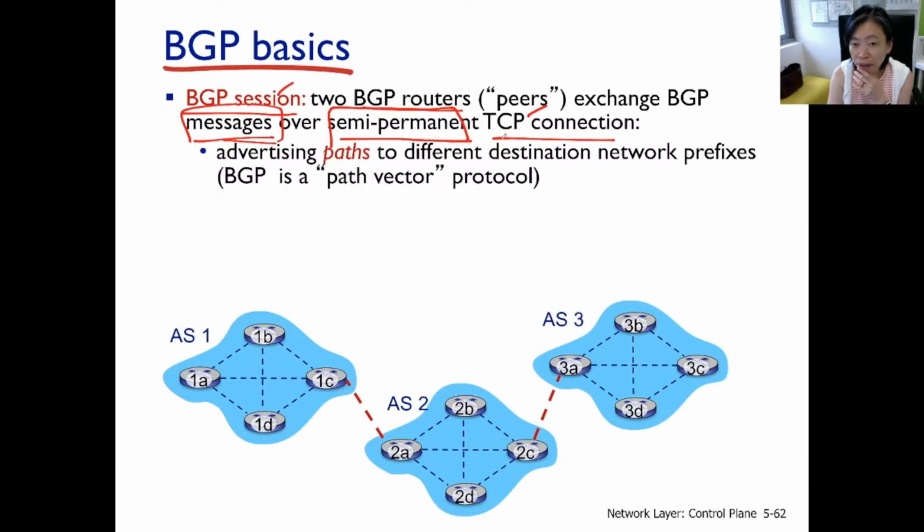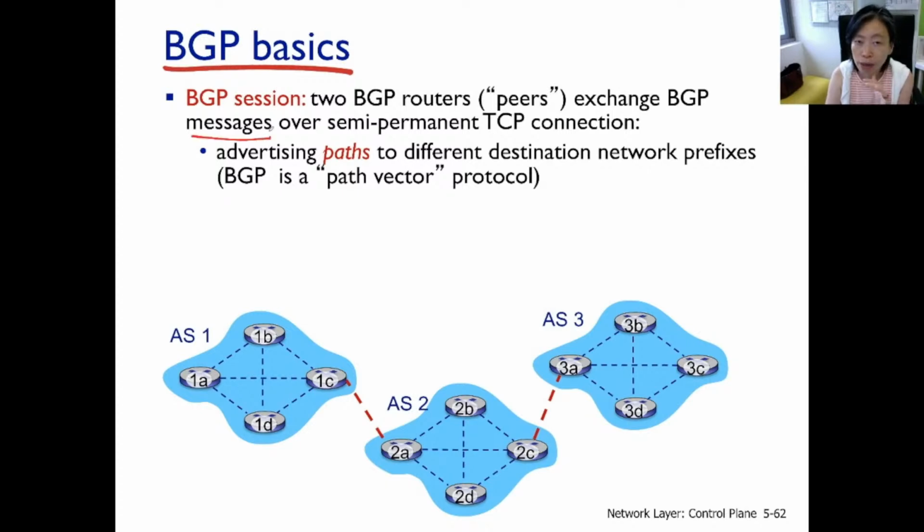To push it a bit further, what about using TLS, the secure version of TCP? If we use TLS, these BGP messages, these path vectors, would look more like an application level message. You think about it, you debate within yourself.